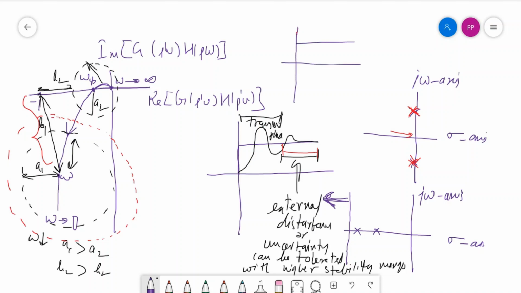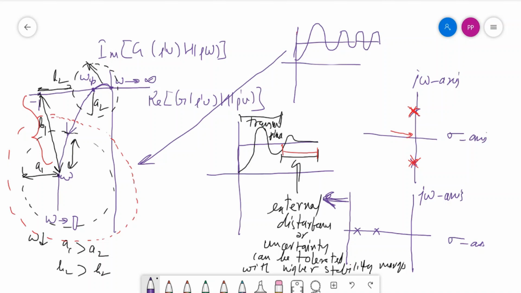You have the set point and the system is reaching the steady state, and then there is sustained oscillation in the system like this. So that is equivalent to the case here.